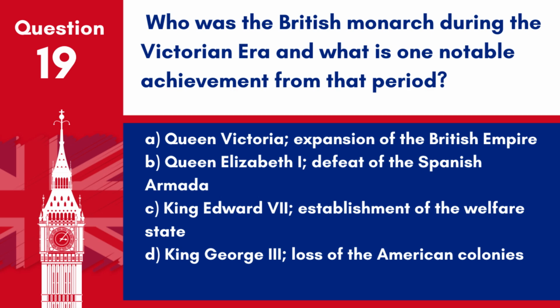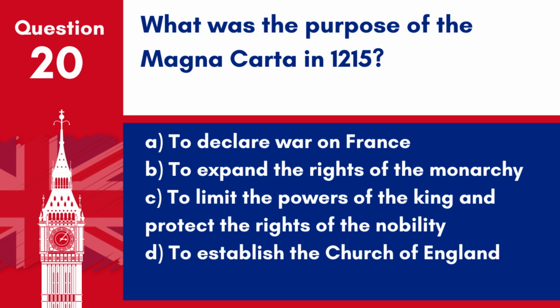D. King George III, loss of the American colonies. Answer A. Queen Victoria, expansion of the British Empire. Queen Victoria, who reigned during the Victorian era, oversaw a period of industrial expansion, cultural development, and the expansion of the British Empire. Question 20.